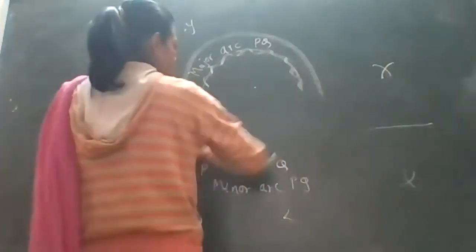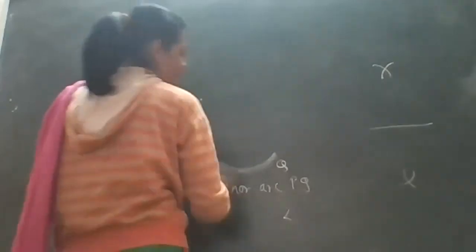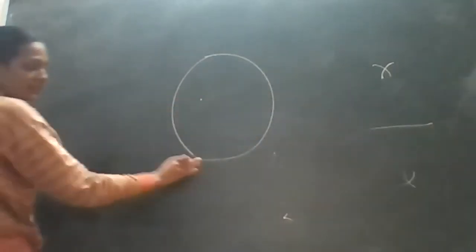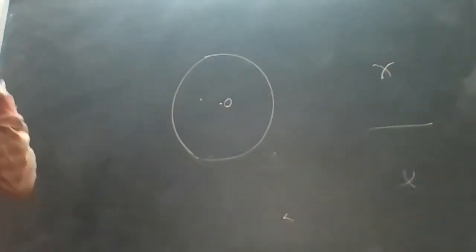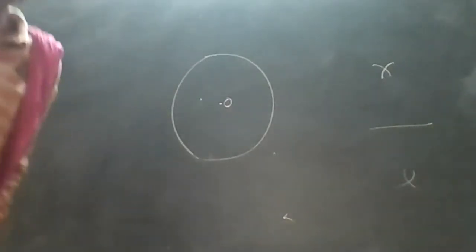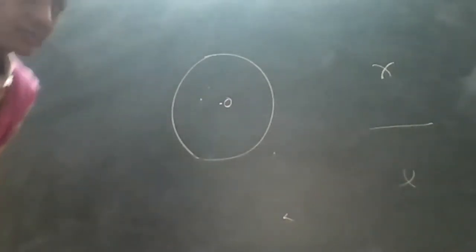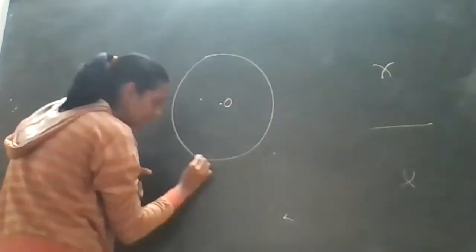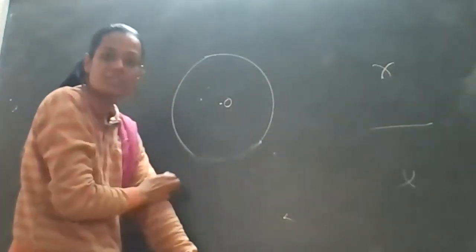Next point is our segment. Segment means, it is a circle, and a segment is some part of the circle. We are considering only the lining part that is present on the circle.